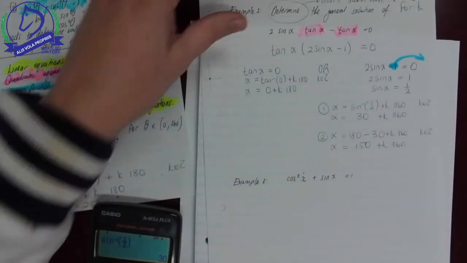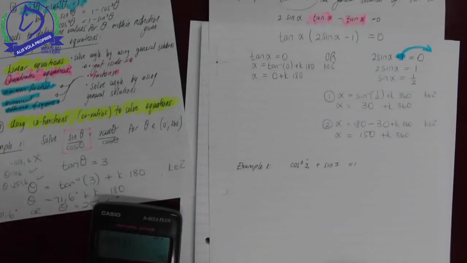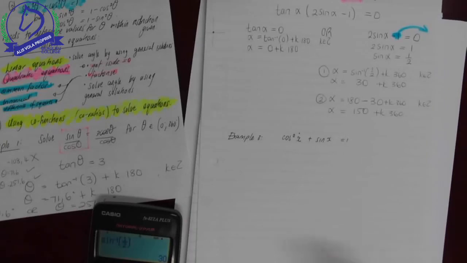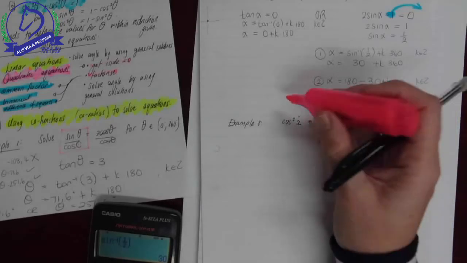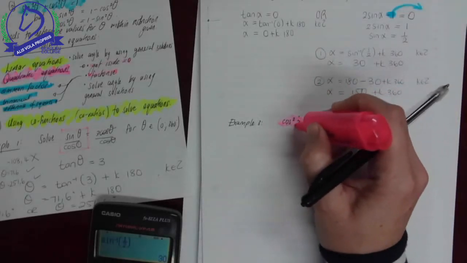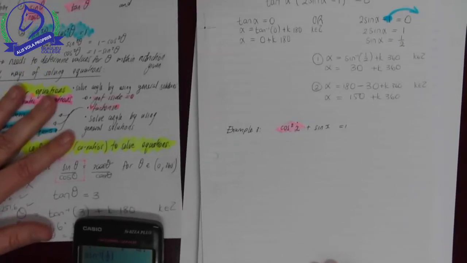So if I have cos squared x plus sine x equals 1, what am I doing here? I am only allowed to work with an equation if I have one ratio. Do you notice that cos squared x is jumping at me?